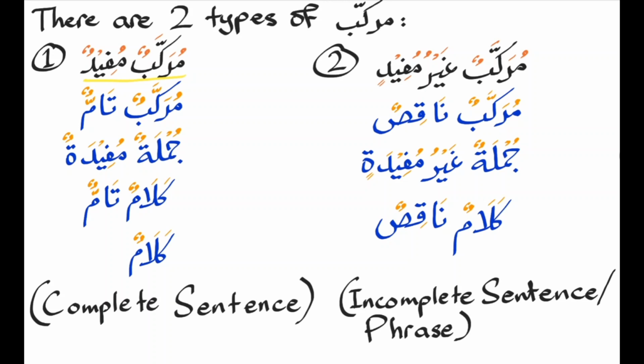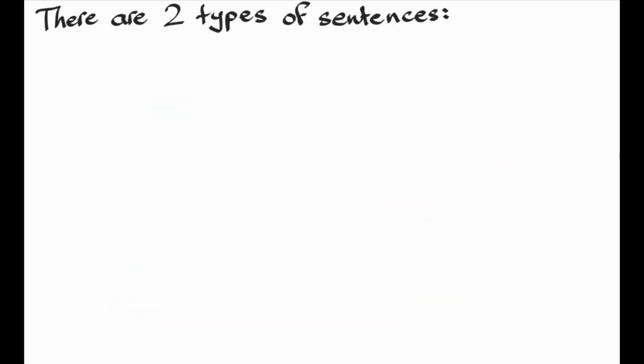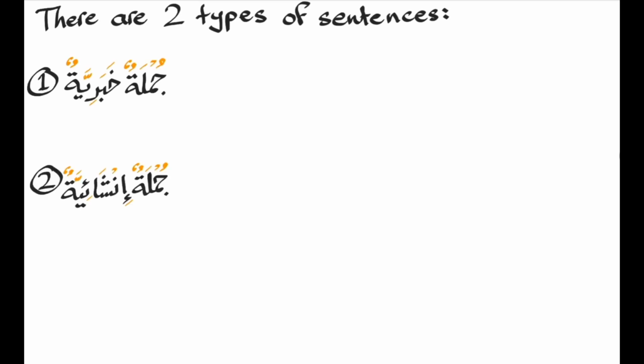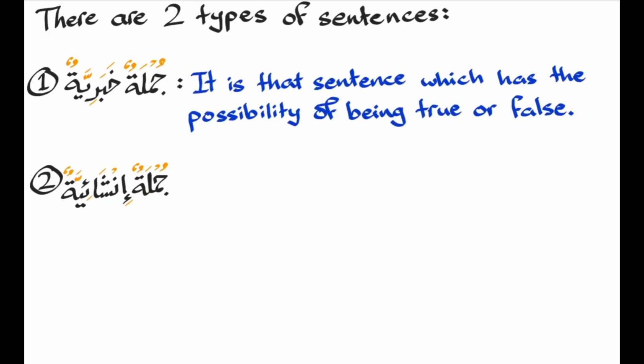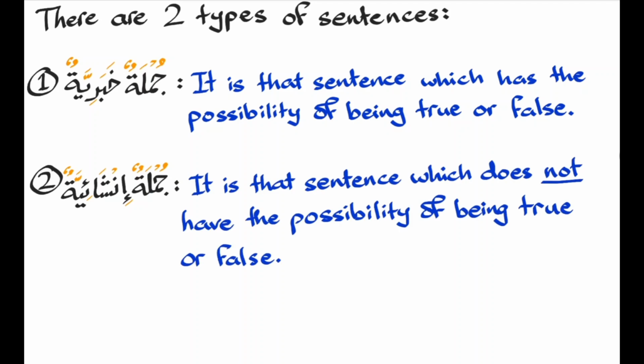In Arabic, there are two types of sentences, jumla khabariyah and jumla insha'iyah. Jumlatun khabariyatun is basically a sentence which has the possibility of being true or false. And jumlatun insha'iyatun is that sentence which does not have the possibility of being true or false.